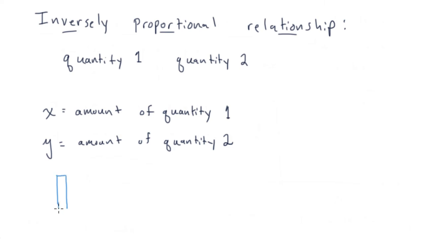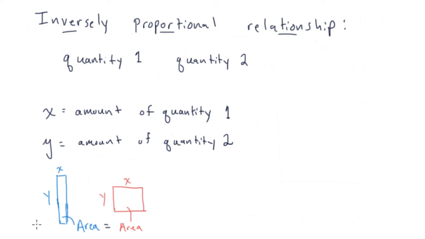You can have kind of a long, skinny rectangle where this is x and this is y. Okay, so then what is that going to give me? That's going to give me some area. But I can imagine another rectangle that maybe wasn't so long and skinny, where now this is x and this is y, where the area is actually the same.